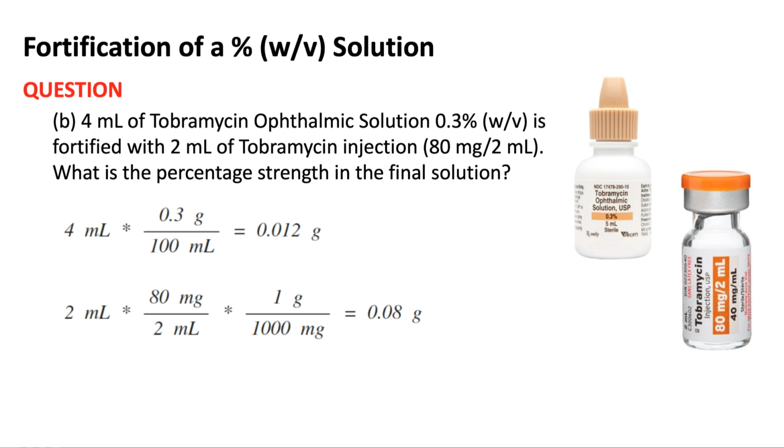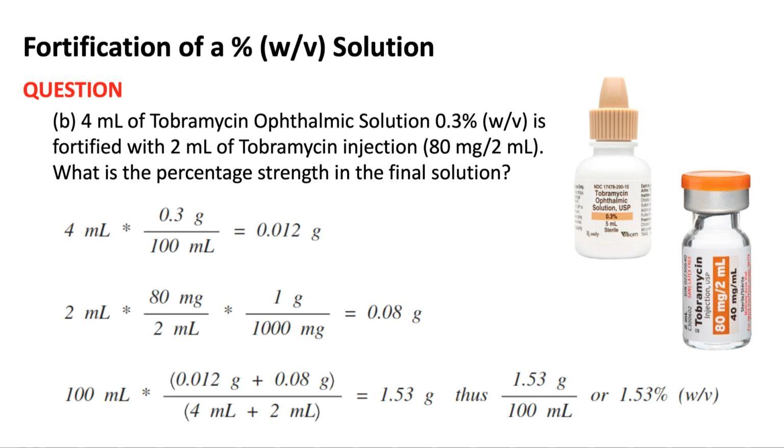So again, all we've said at this point is the amount of tobramycin that I'm adding is an additional 0.08 grams to what was already in the ophthalmic solution. Okay. Now, the last step is identical to what we did before. I want to know the final percentage strength in the final solution, so I'm going to want to know how much drug I would have in 100 milliliters.